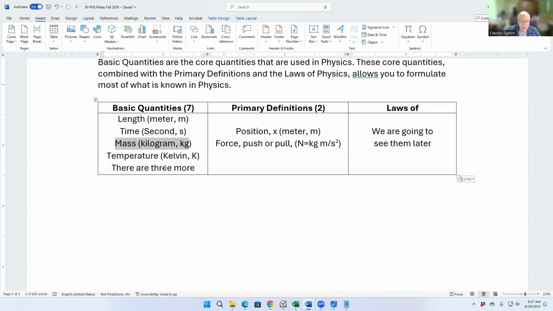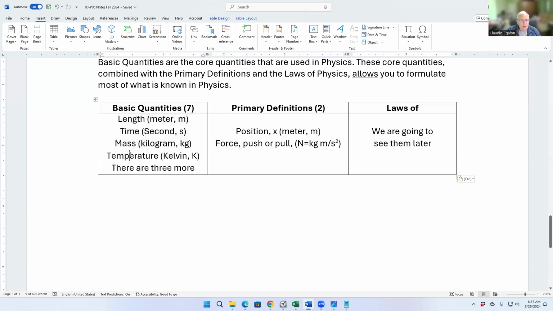And today the unit for this quantity, the mass, we call it the kilogram, which is also another SI unit. So those were the three most important basic quantities that we came about with.